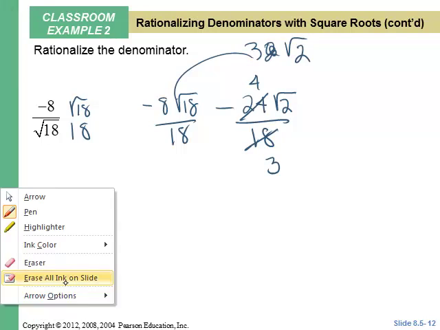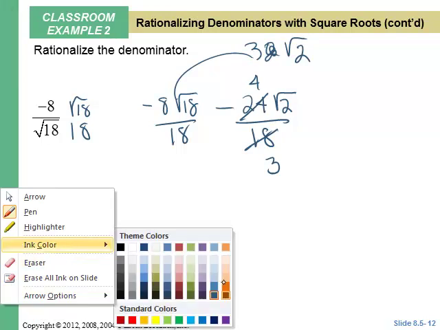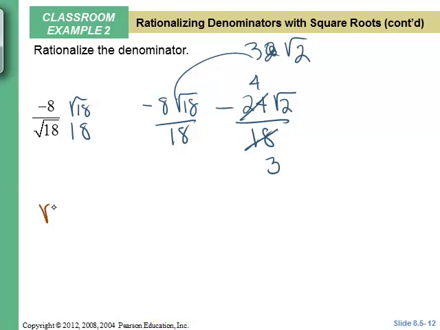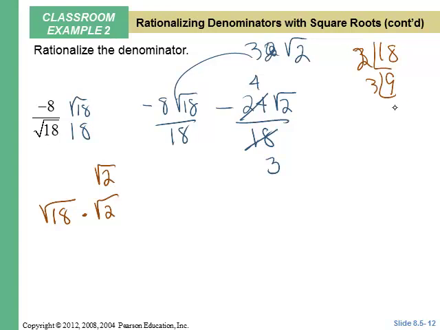Another way to do this one, I'm going to change colors, that's easier, is you say, what's the smallest thing I can multiply 18 by to get a square root? Well, here's the way I figured it out. 18 divided by 2 is 9, divided by 3 is 3.